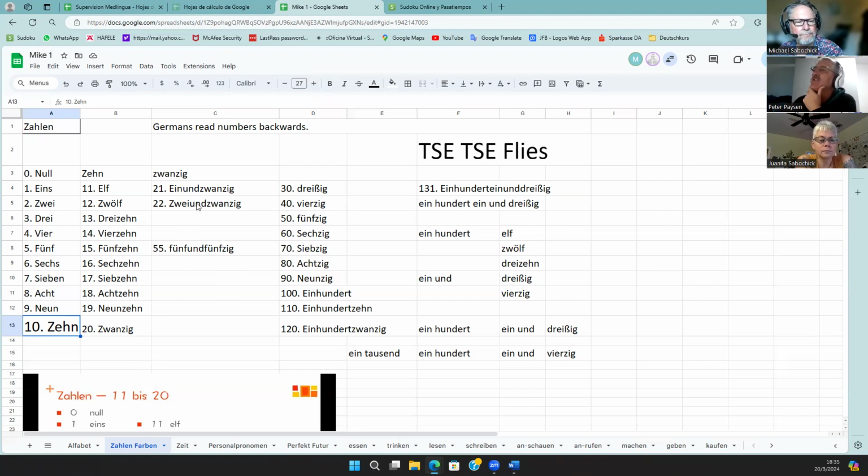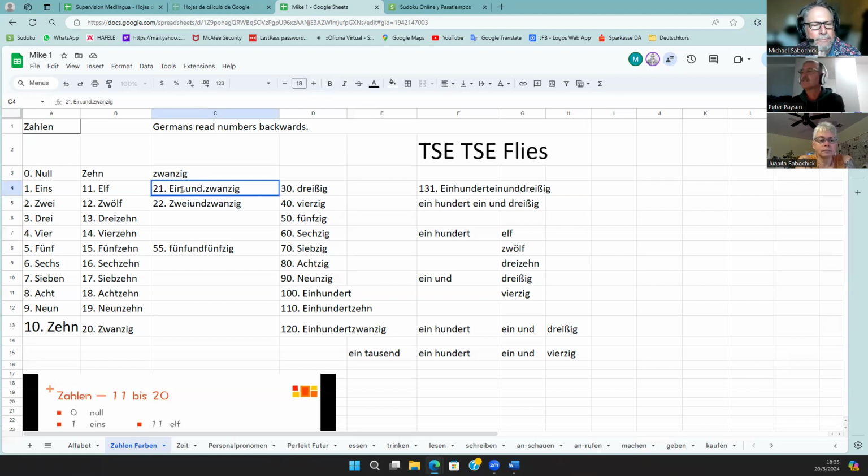So like I said, the Germans will use your single digit, or your 1 digit, and then your 10 digit. So we got 21 as einundzwanzig. Okay, so beautiful, 3 words all in one. You got your ein, you got your und, and you got your zwanzig.